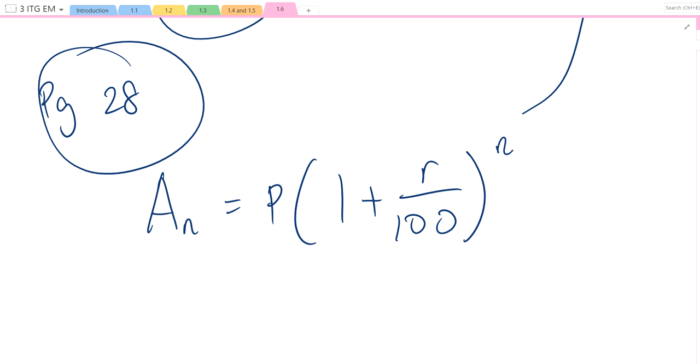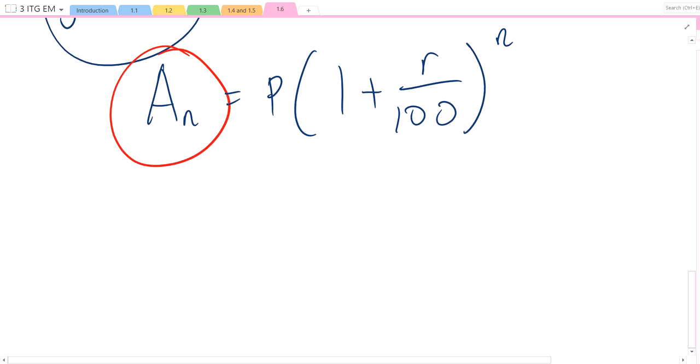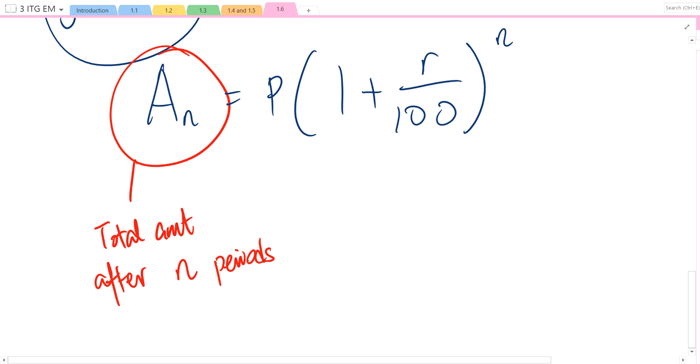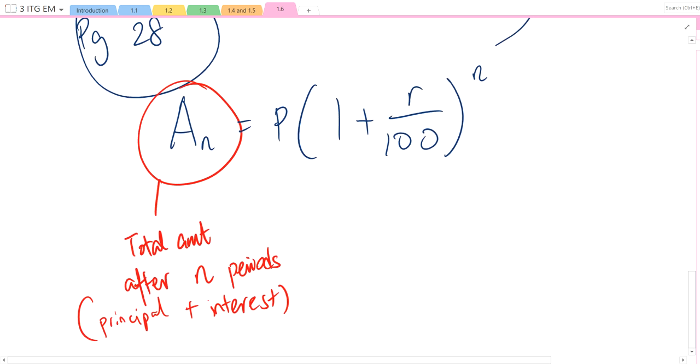Let's understand what A_n stands for. Pay attention. Total amount after n periods. This is actually our principal plus interest.